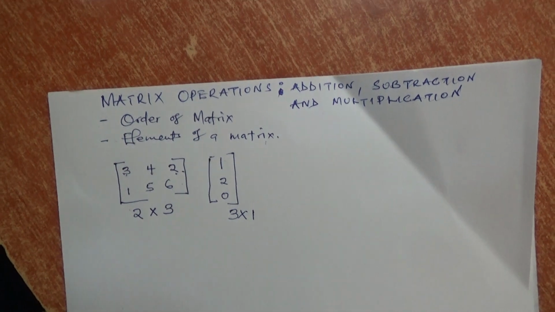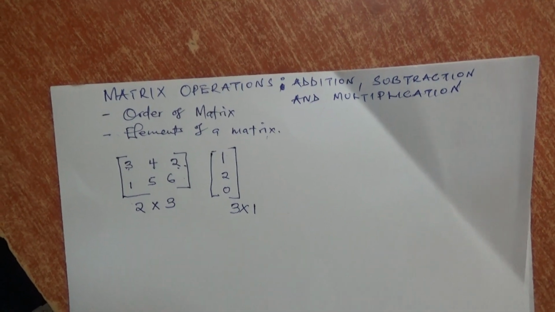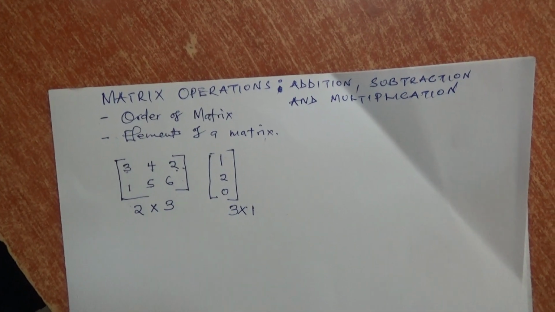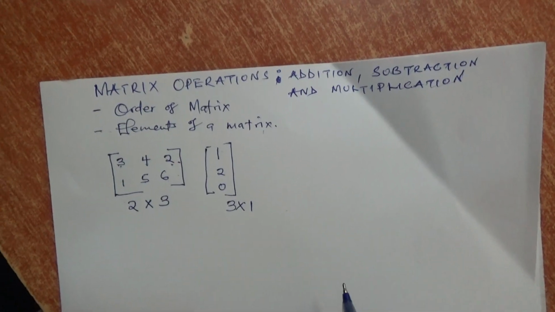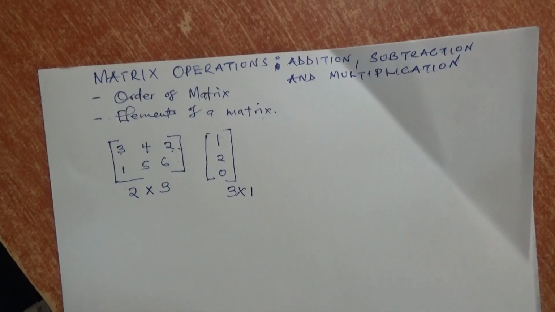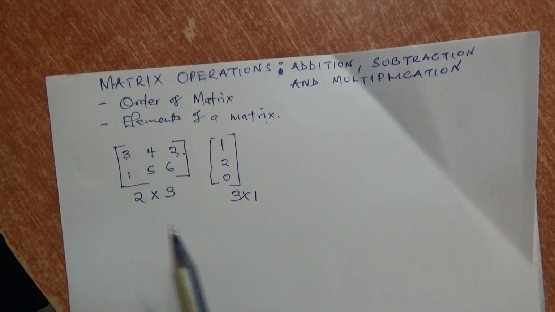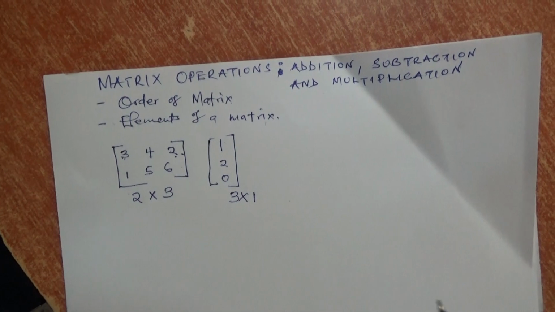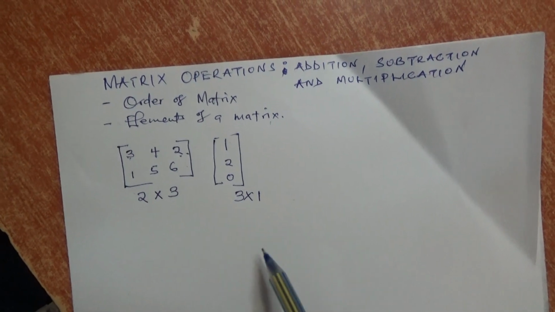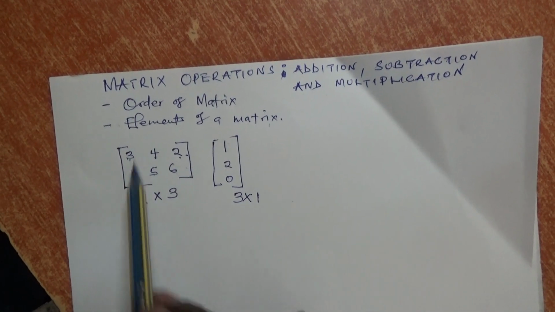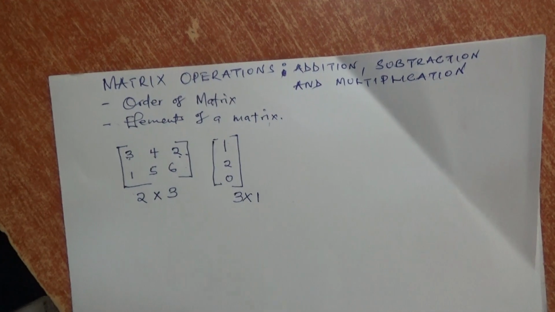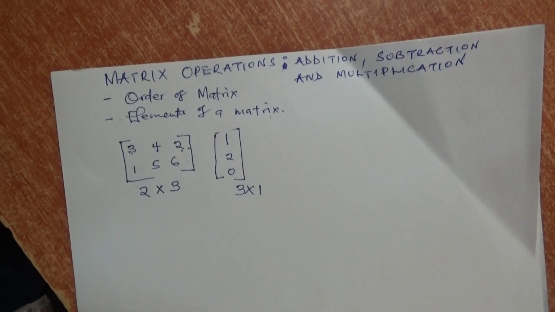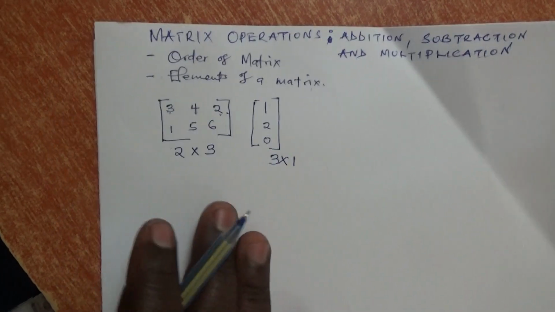Okay, so that is how you understand the order of a matrix and then the elements of a matrix. So the order of a matrix, as I've said, is the number of rows multiplied by the number of columns. You start with the rows, and then you go to the columns.